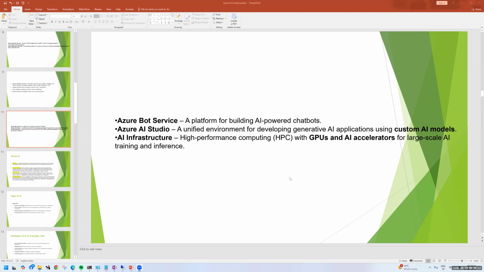Microsoft, Google, AWS, and OpenAI, their intention is that whatever transformation should happen in the next 20 years, they should accomplish within 3 years. That's why a lot of struggle happens in the market. Whatever development should happen in the next 20 years, they are planning to implement within 3 years. That's why rapid changes are coming to the market.